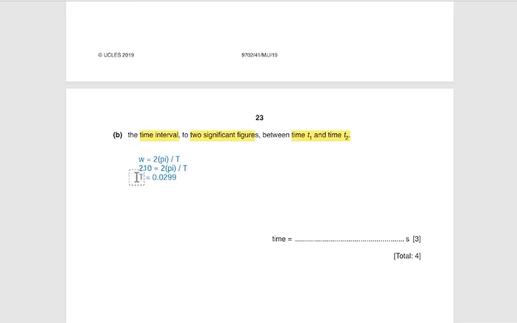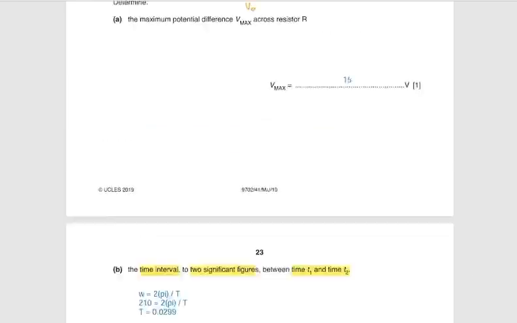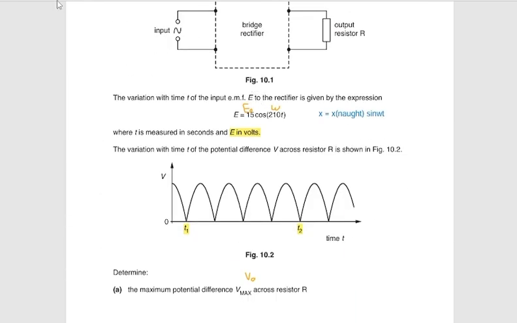What is capital T? Capital T is the time period, the time taken for one complete wave. But do you see how many waves we have between T1 and T2? We have this as one wave, and this as two waves. We know the time period for just one wave is 0.0299, and so 0.0299 for this as well.